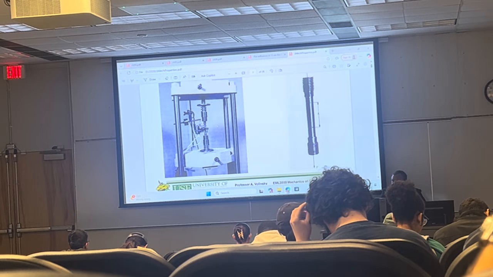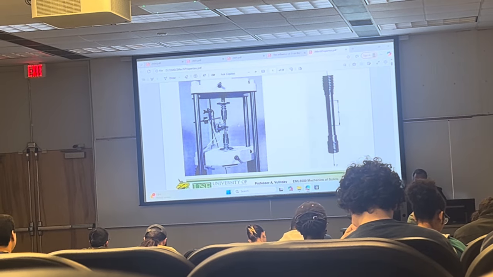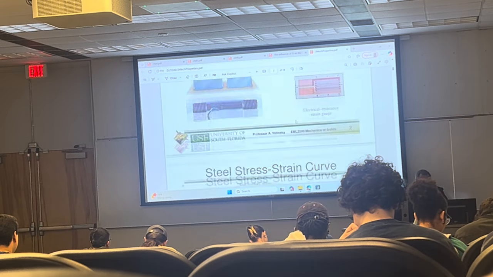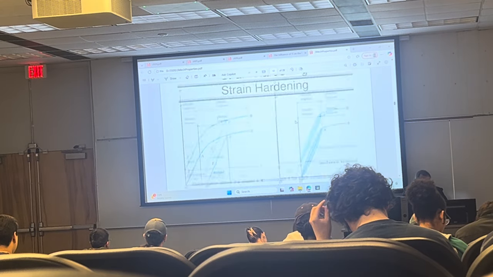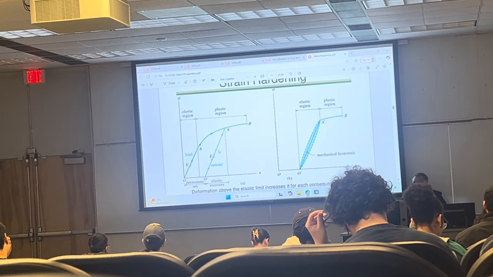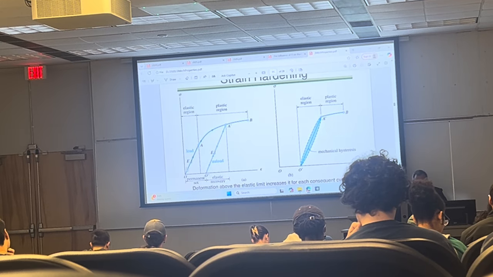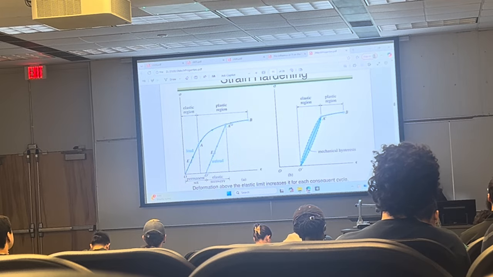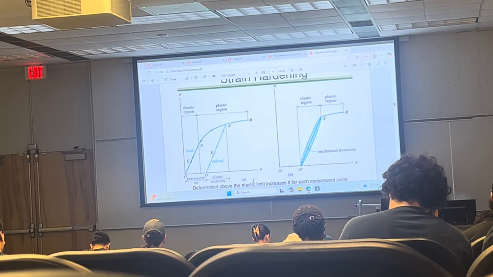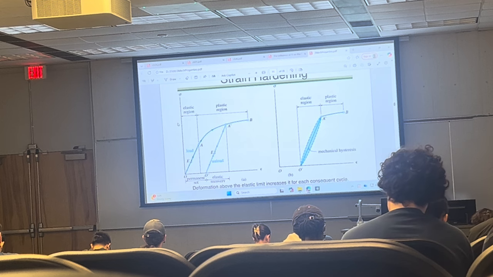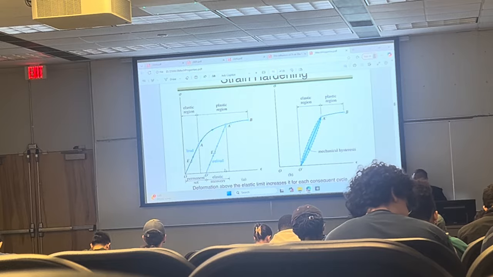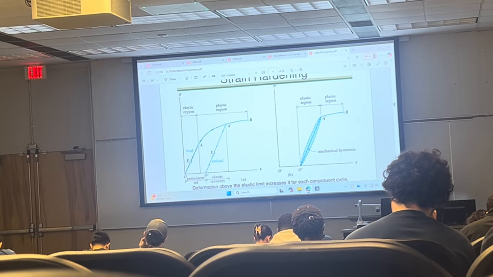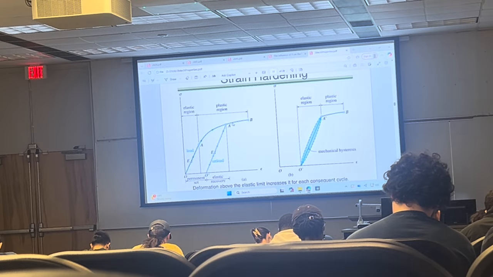This is how the actual tensile machine looks like. Not in schematic, but the actual thing. So when I said that unloading is always elastic, if this is the stress-strain curve, this is stress, this is strain. The stress has dimensions of pascals. Strain has no dimensions. It's meters divided by meters. So then each data point on this curve would have what kind of units?